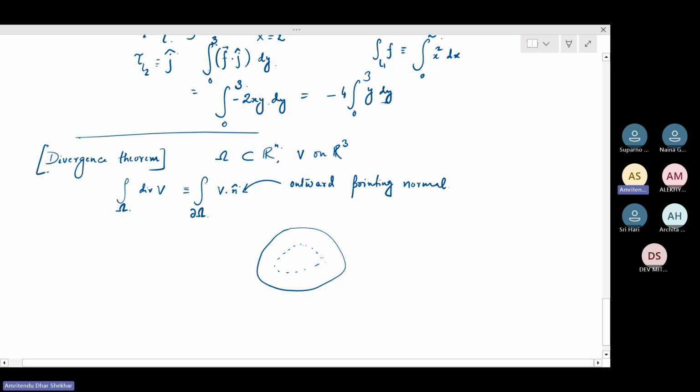And the normal over here is the outward facing normal. So you have this boundary del omega. This is your interior omega, and this is the boundary of it. We call it del omega.